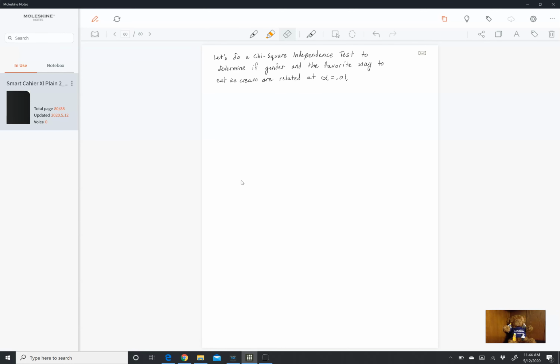I'm not going to rewrite all of the data. We're checking for a few things. One, is it a random sample? The answer is yes. Second thing, are all of the expected values greater than or equal to 5? Yes. I changed the colors just so that you could tell the difference between what the question is asking and what our answer is.